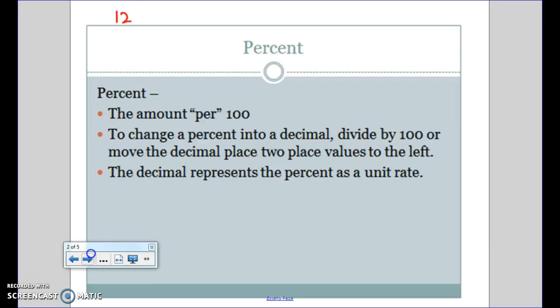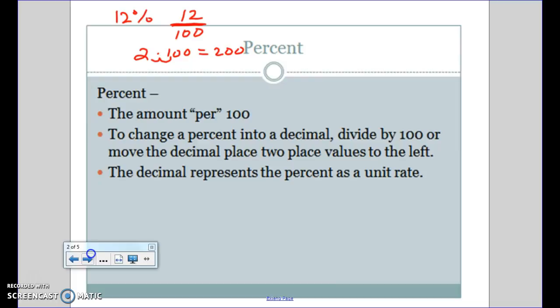So if I were thinking of something like 12%, I would know that I'm talking about 12 parts out of 100, or I could say 12 per 100. I also know, though, that I'm dividing by 100. That's what this fraction bar means. And so we made a chart that, okay, 2 times 100 is 200, and we noticed that you moved the decimal place 2 spots.